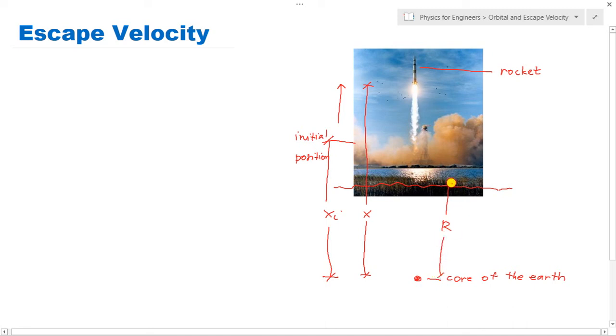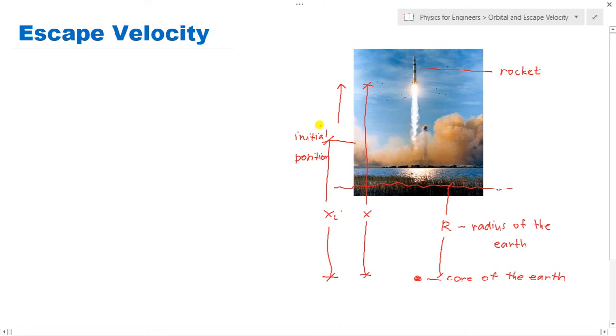So ang r, class, is the radius of the Earth. What else? So I think wala na. So mao na atong kinahanglanon in order to derive the formula for the escape velocity.